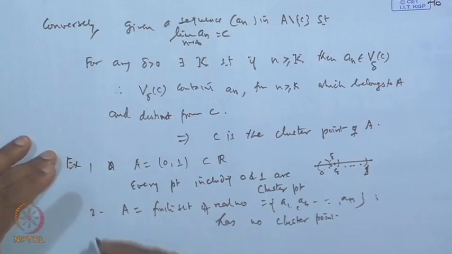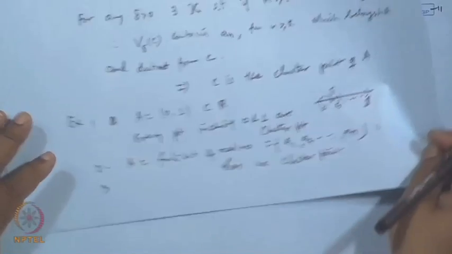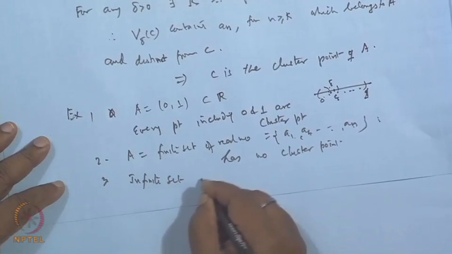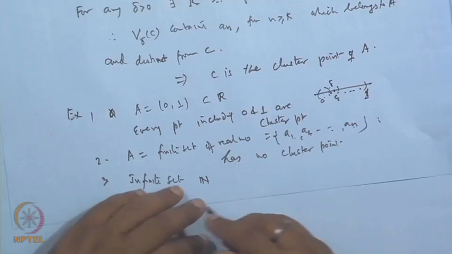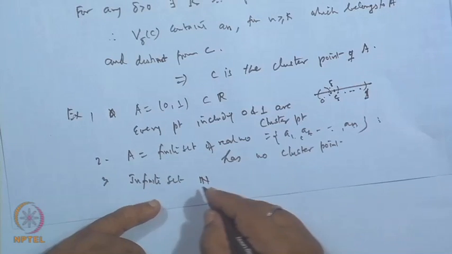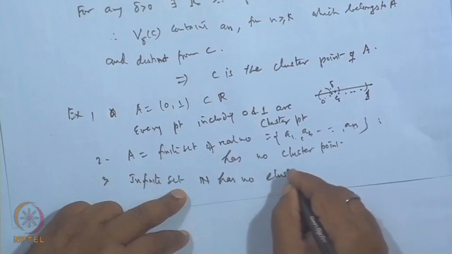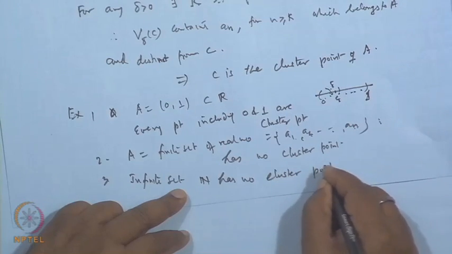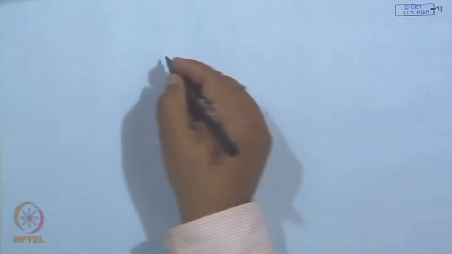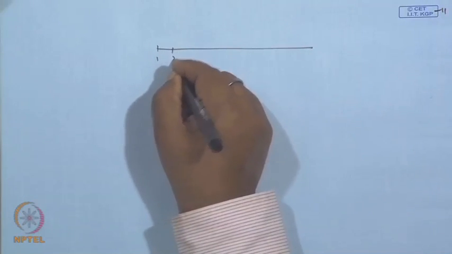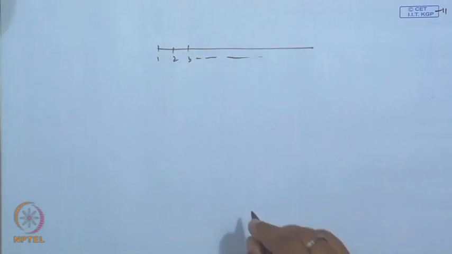Similarly, the infinite set N of natural numbers has no cluster point. The reason is the same. This is our natural numbers 1, 2, 3 and so on.